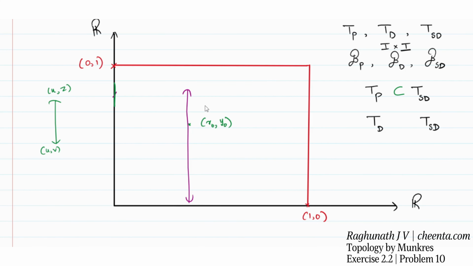Then obviously this is also present in the basis element of B_SD, which means there exists a basis element in B_SD containing x0, y0, and it is a subset of this basis element, because a set is a subset of itself, right?